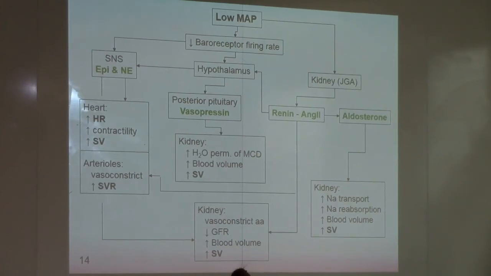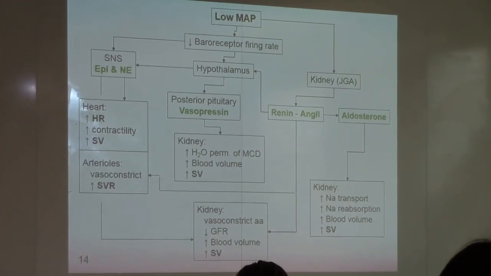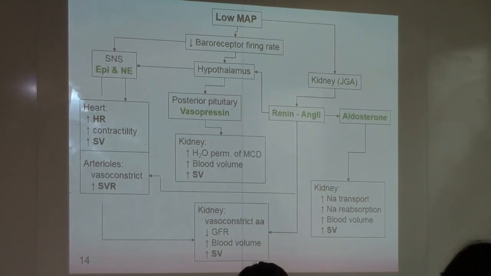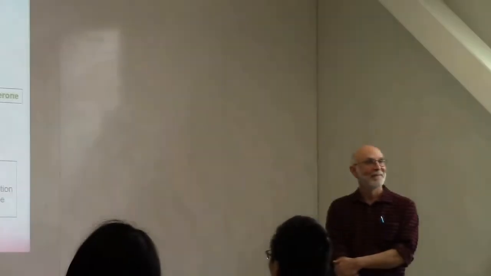What are the molecular mechanisms? Anybody want to tell me the molecular mechanisms that is embedded in this arrow right here? Molecular mechanism. So what's the first thing we need to do? Like after neurotransmitters are released? We've released neurotransmitters. What receptor?